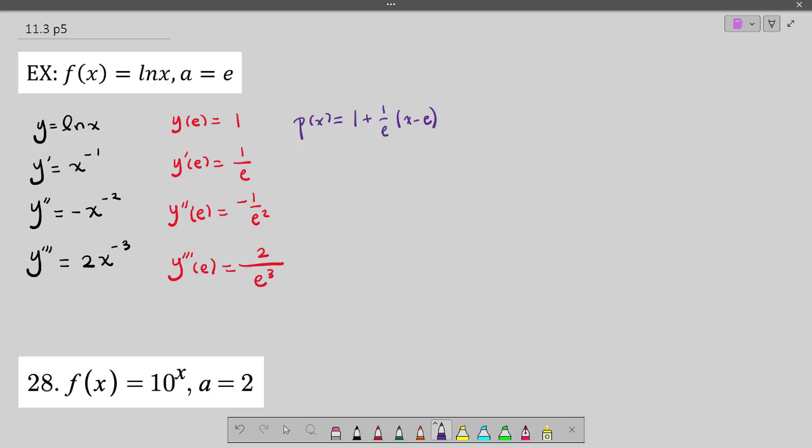There's our tangent line. And then minus 1 over e squared multiplied by 2 factorial times x minus e squared. There's p sub 2.